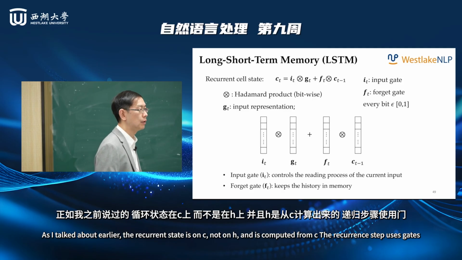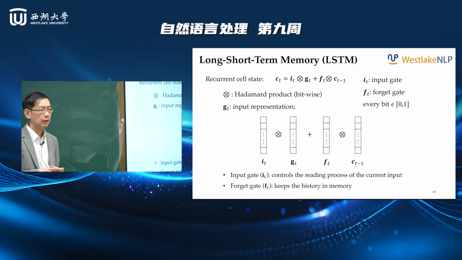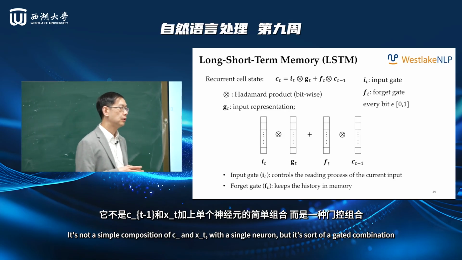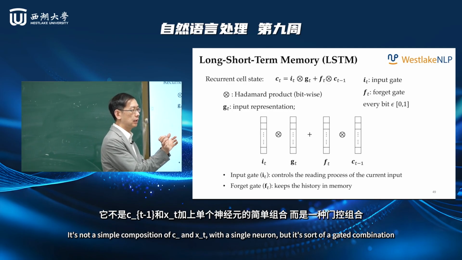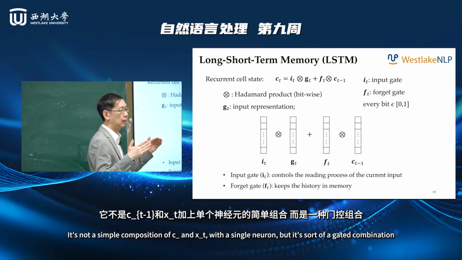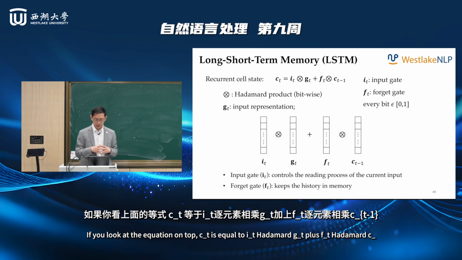The recurrent step uses gates, and I draw you a picture here, okay? It's not a simple composition of CT minus 1 and XT with a single neuron, but it's sort of a gated combination. If you look at the equation on top, CT is equal to IT Hadamard GT, plus FT Hadamard CT minus 1.